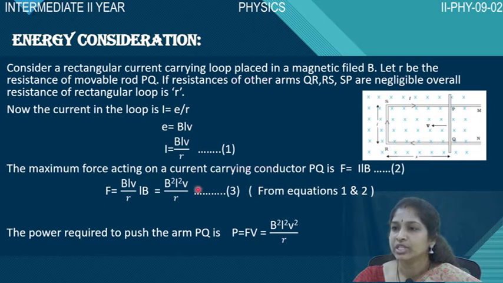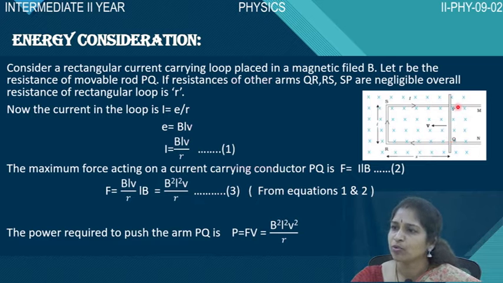Now, we know this also. This also we have discussed in moving charges and magnetism. When a current carrying conductor, see here PQ, current is passing through that conductor because charge carriers are moving from P to Q. This conductor is placed inside the magnetic field, so it experiences some force.